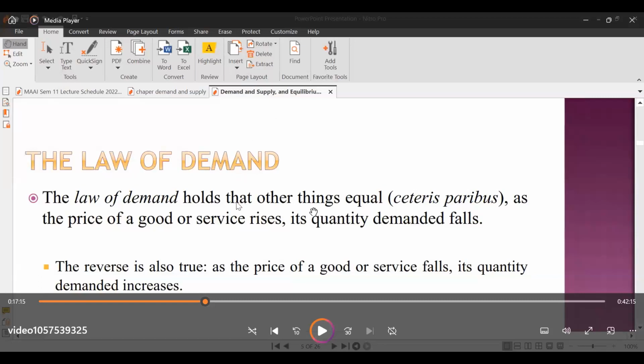Instead of saying other things held constant, there is a Latin phrase, ceteris paribus, which means other things held constant.